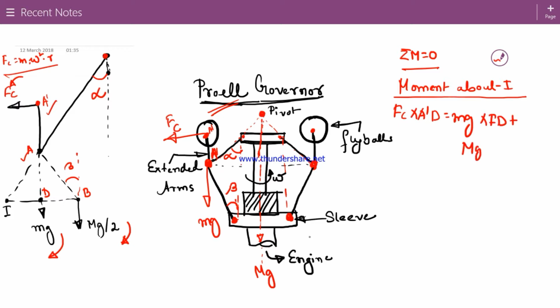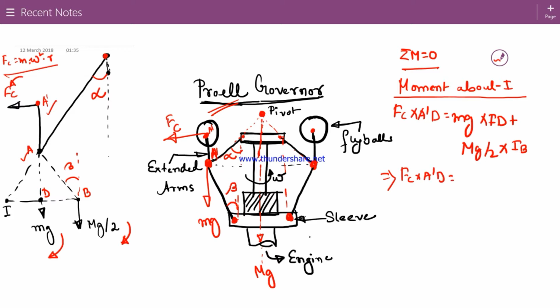Next, capital Mg by 2 into the entire distance ib. In this derivation, we will not shift this distance to the right hand side of the equation as we have done in the Porter and the Watt case. So it will be like Fc into A dash d.